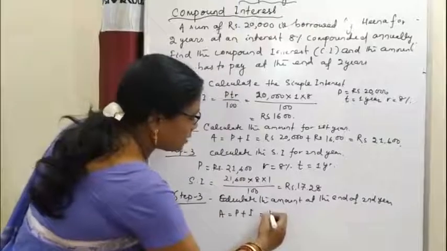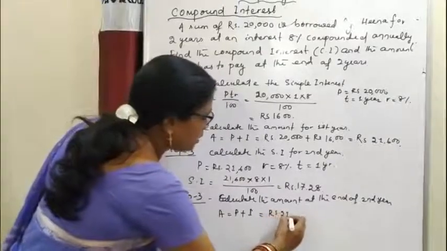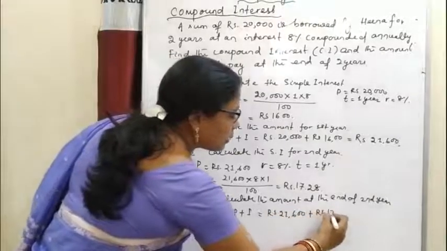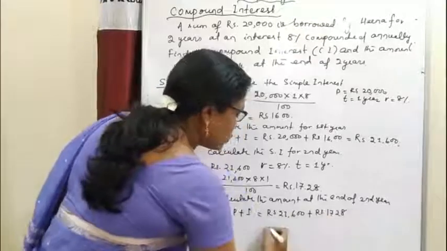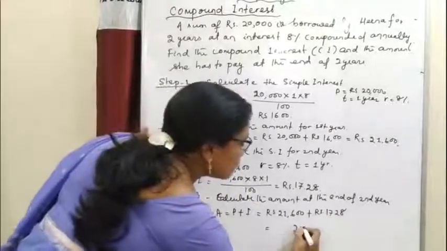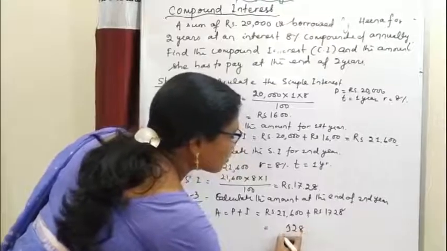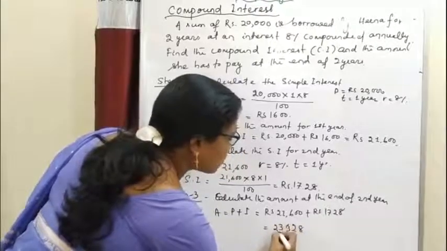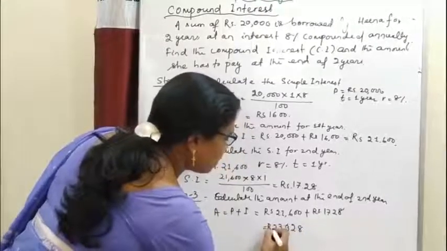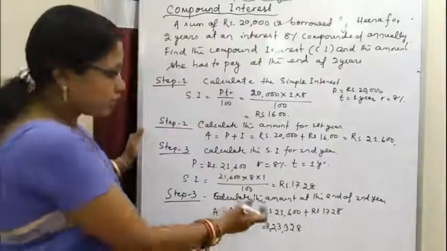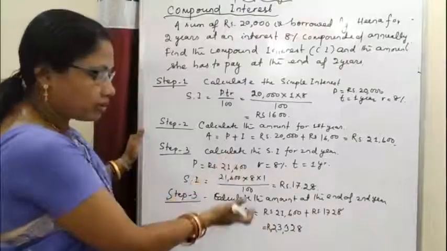So principal is our rupees 21,600 plus rupees 1728. So this is equal to 23,328. So this is the amount at the end of second year.